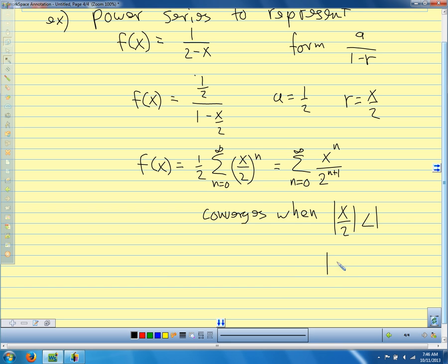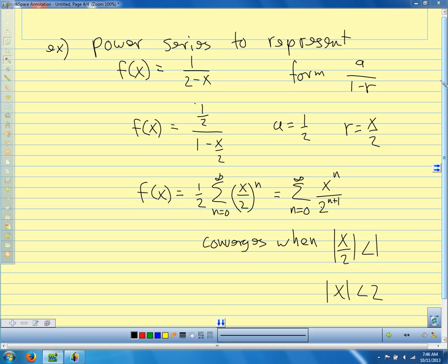So when the absolute value of x is less than 2. Make sense?